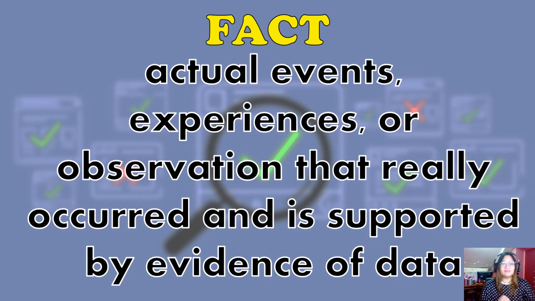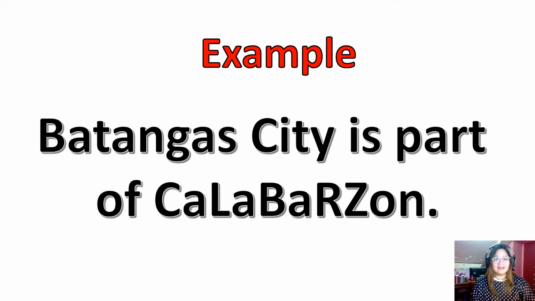It is already proven to be true, and it is supported by data. One example of fact is Batangas City is part of Calabarzon. This is something that cannot be disputed. It is already proven and established that Batangas City is part of Calabarzon. And that's a fact.